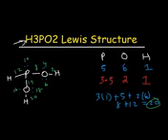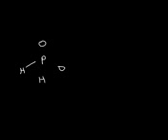Now there's another way to draw H3PO2. And in this Lewis structure, phosphorus can have 5 bonds. Hydrogen can only form a single bond, but oxygen can have 2 bonds. This is another acceptable Lewis structure.